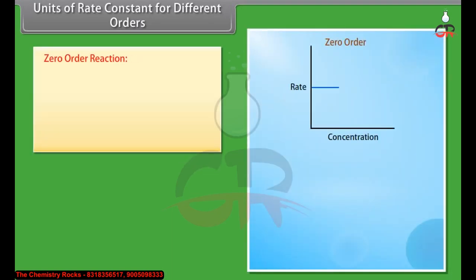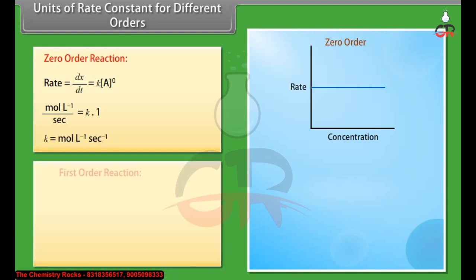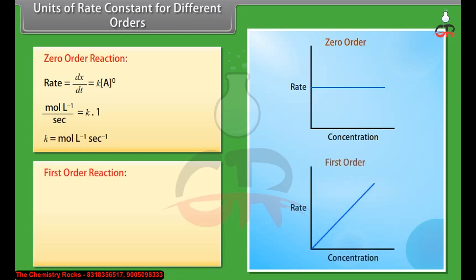Zero order reaction. Rate is equal to dx by dt, which equals the product of K and A raised to the power 0. Thus, units of rate constant for zero order reaction are mole per liter per second. First order reaction.